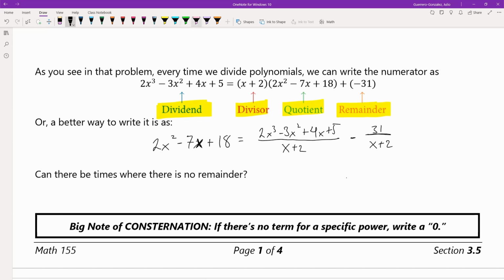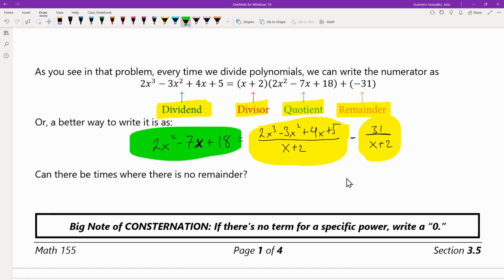Basically saying if you do this division and then subtract 31, the remainder amount, we should get that bit right there.